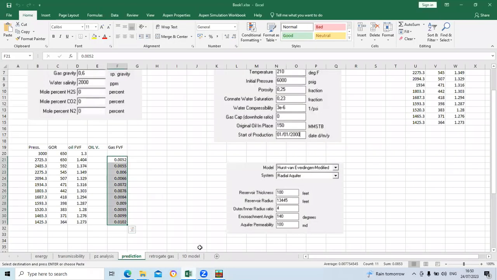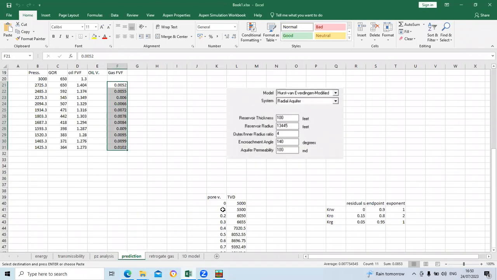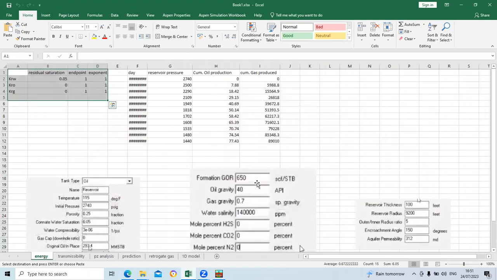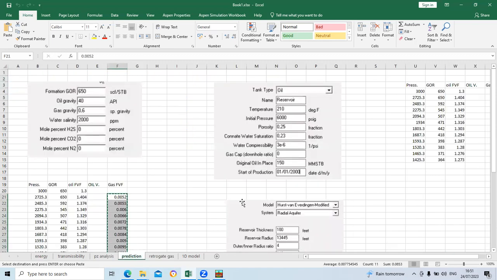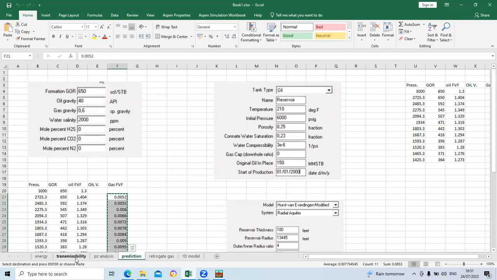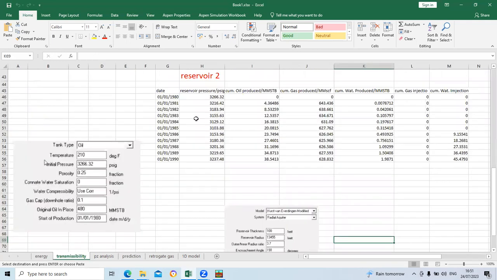Our production date, let's see the production data that I have here. Okay, we could use this.